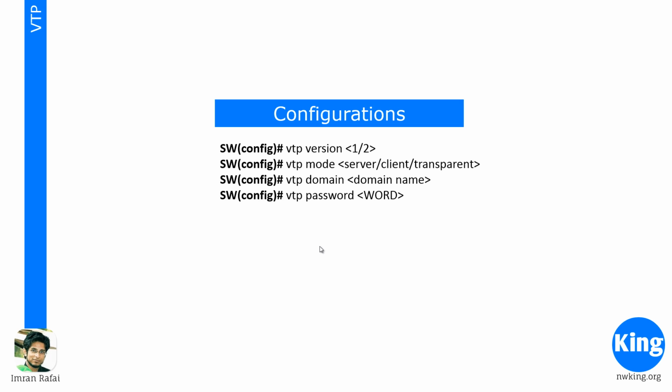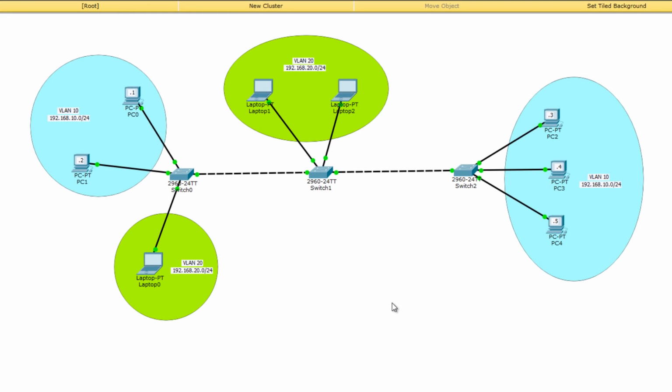So let's look at what VTP configurations we can look at. So like always, let's get into Packet Tracer. Right, this is Packet Tracer, and we continue from where we left in our last video. So just to revise, we configured VLAN 10 here and VLAN 10 here. We configured VLAN 20 here and VLAN 20 here. So this is switch 0, switch 1, and switch 2.